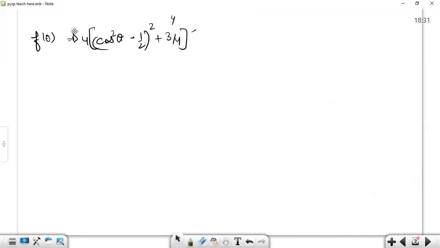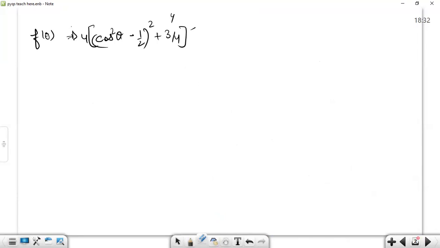So this is the function. Basically we have to find its maximum and minimum value. In this function, the only variable is the trigonometric function cos, and we know its maximum and minimum value.